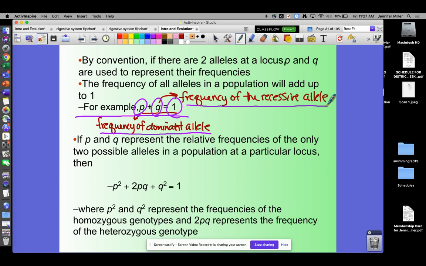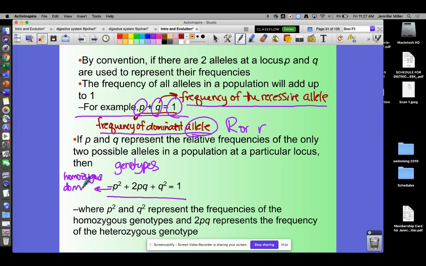The second one is here. The first equation gives the frequencies of the alleles, so a big R or a little r. This second one represents the frequency of alleles in the genotypes of the population. So these are genotypes. This is the frequency of homozygous dominant. If p represents the dominant allele, and you have 2 of them, big R big R, do you see how that becomes p squared?